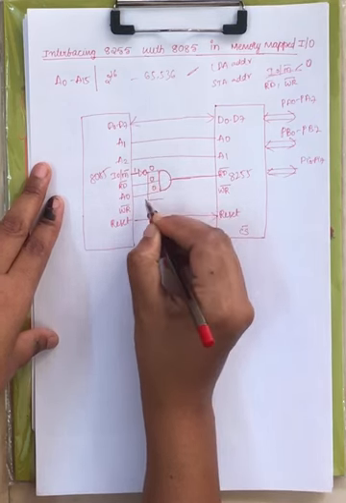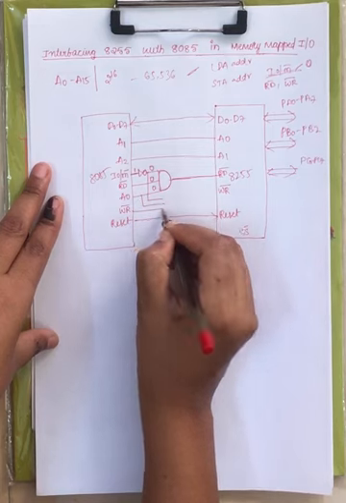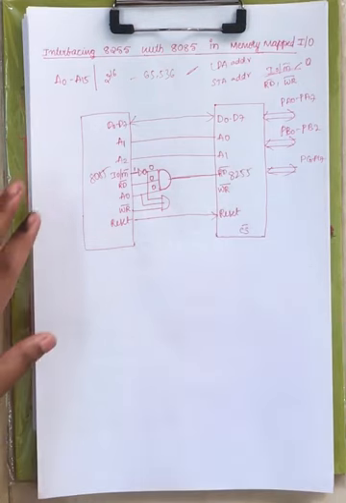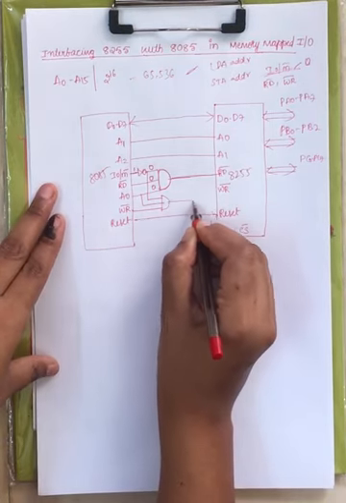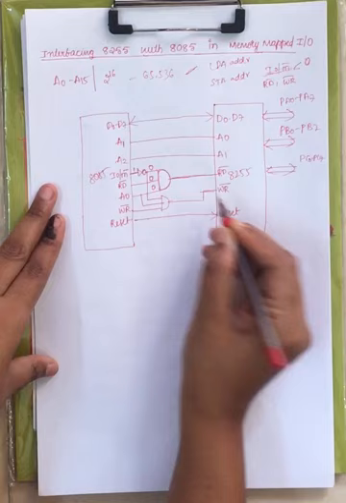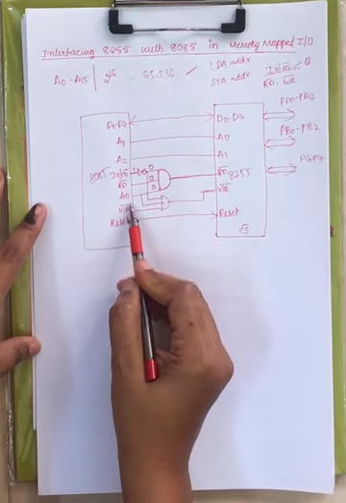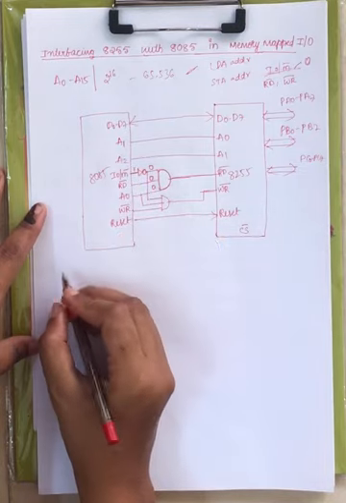Now similarly, this particular inverted signal along with A0 and along with write, right? Now this is AND gated and connected to WR for writing the data, right? And the remaining address lines, A0 is over here, A1 is over here, A2 over here.